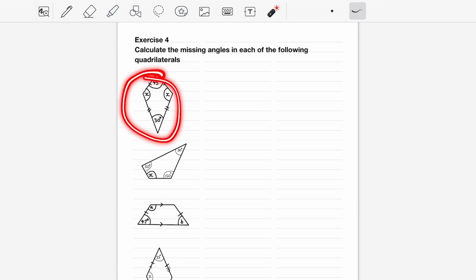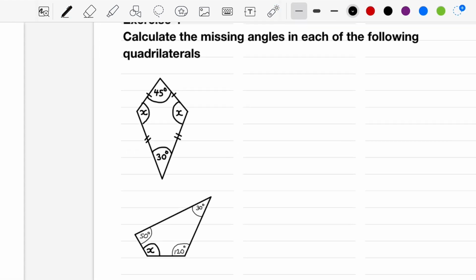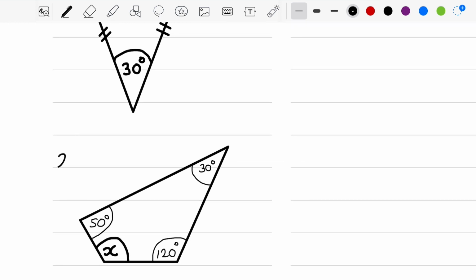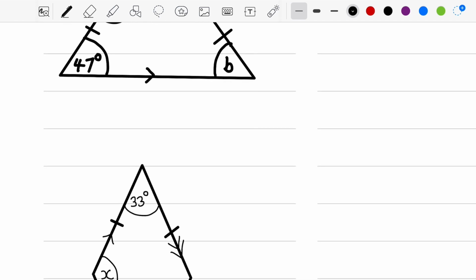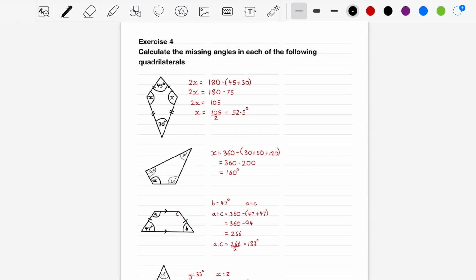This is a kite, a trapezoid, a trapezium, and a rhombus. All right, let's begin correcting.